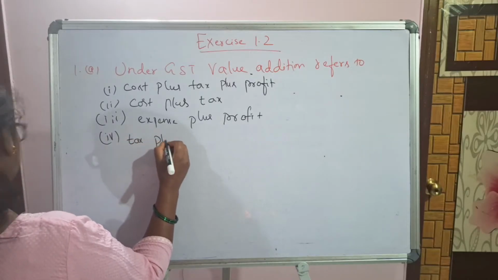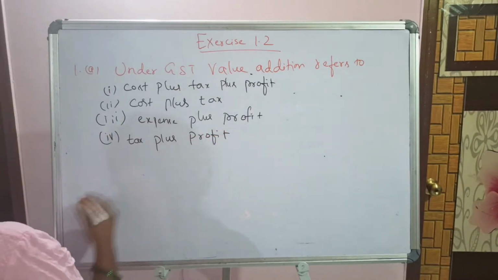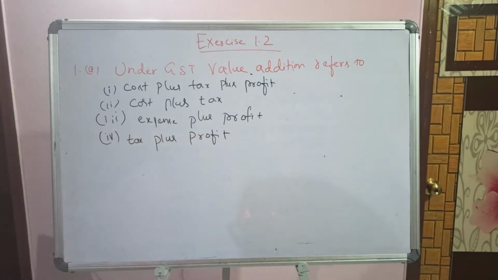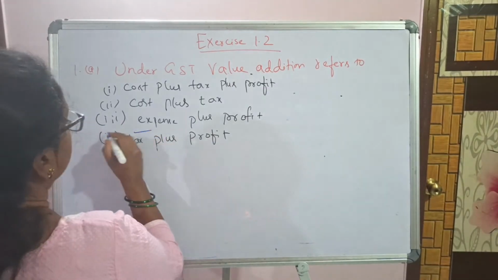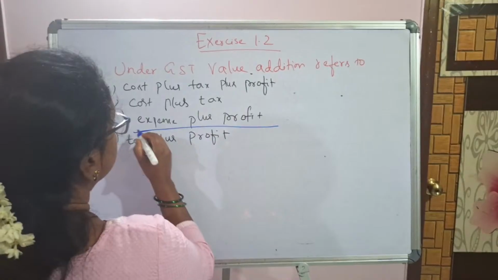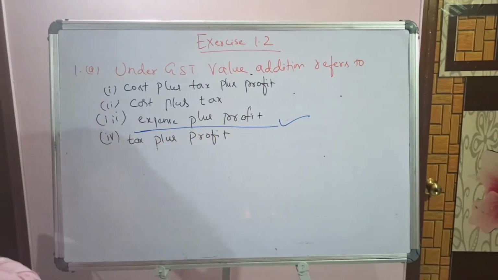Option 4 is tax plus profit. Here the answer is expense plus profit, because under GST value addition refers to expense plus profit.